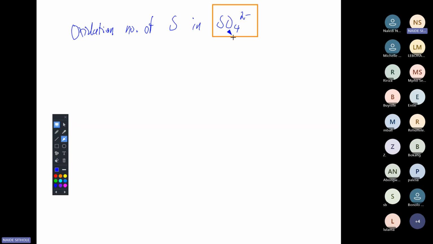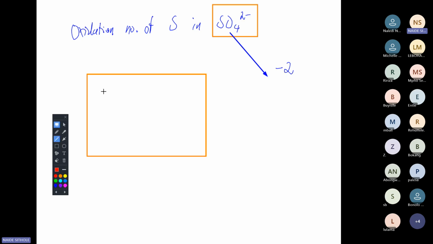The 2 minus is for the whole substance. So the oxidation number of the whole substance here is -2. But these are some pointers that you should know. There are standard oxidation numbers. The standard oxidation numbers are for oxygen and hydrogen, right? So these ones are standard.